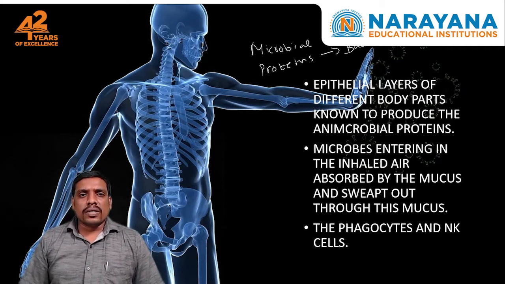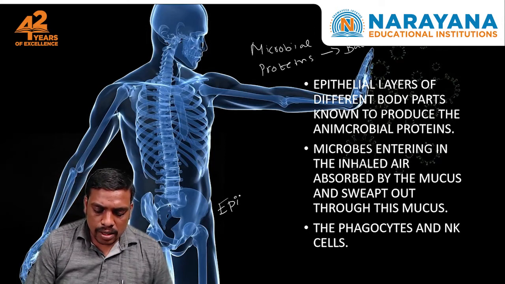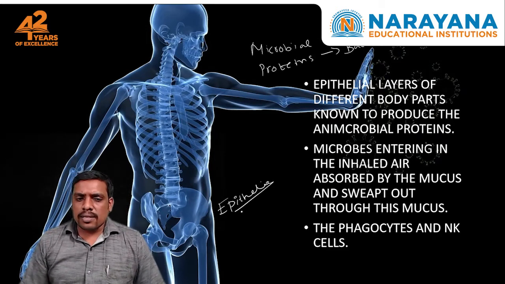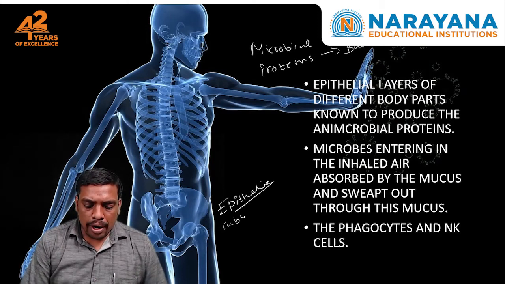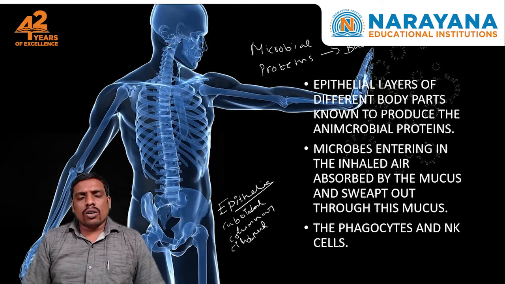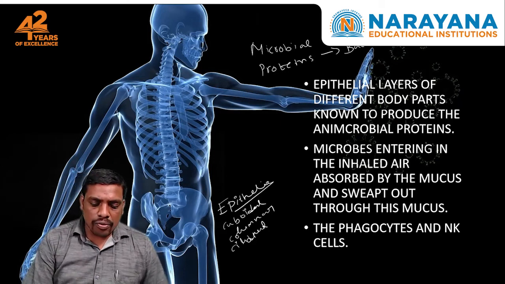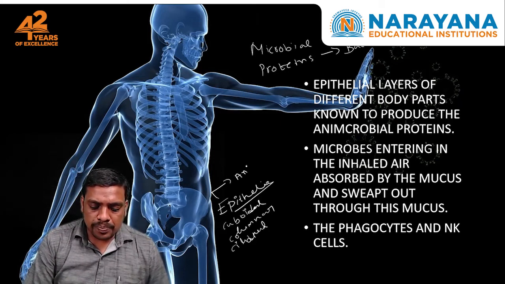Already we have seen in the previous classes, if you see the epithelial lining, the outermost epithelial cells, whether it is a cuboidal epithelial layer, a columnar epithelial layer, a ciliated columnar epithelial layer, or a stratified columnar epithelial layer, whatever it is, it is able to produce certain kinds of antimicrobial proteins.